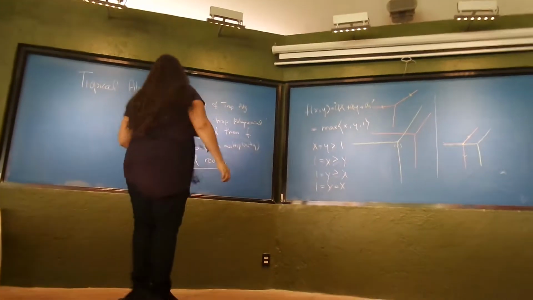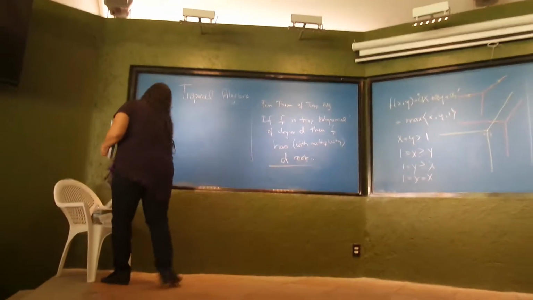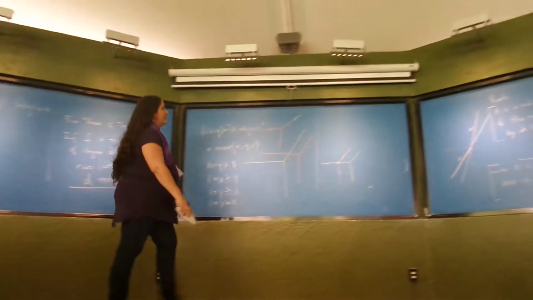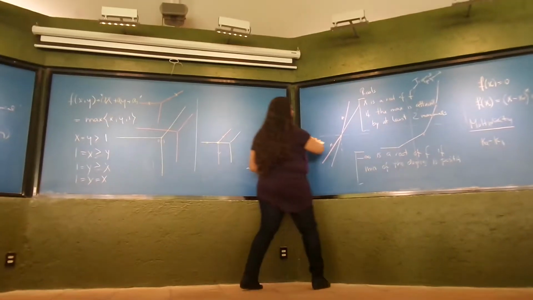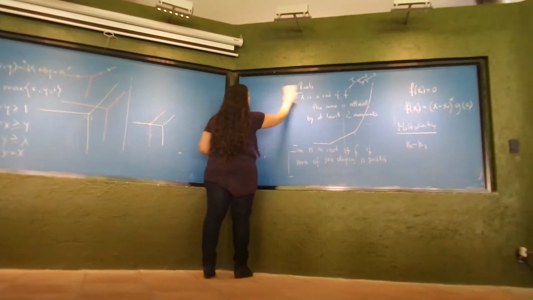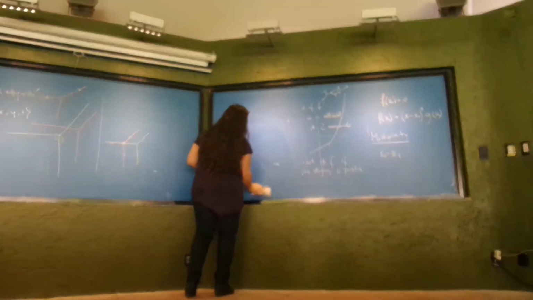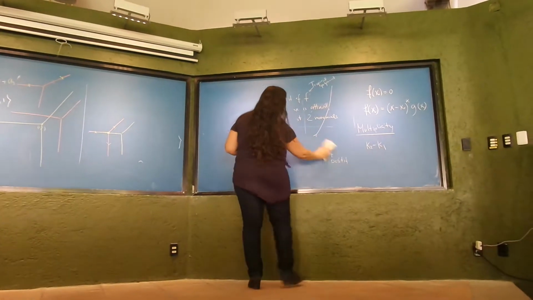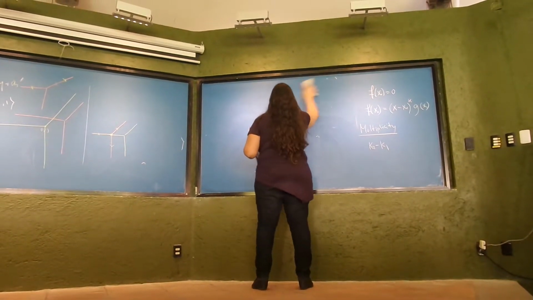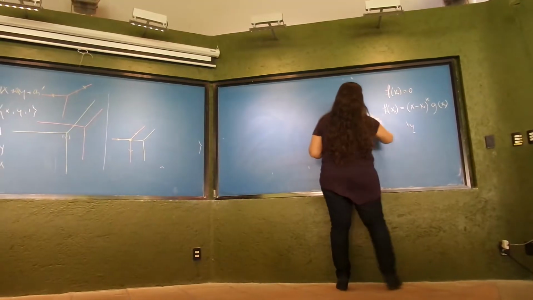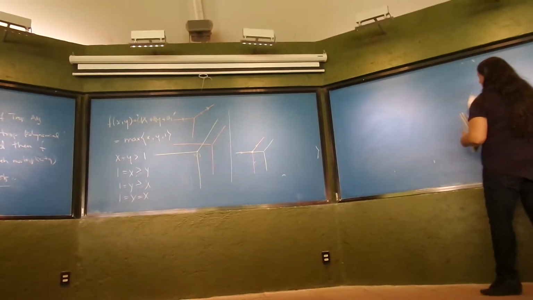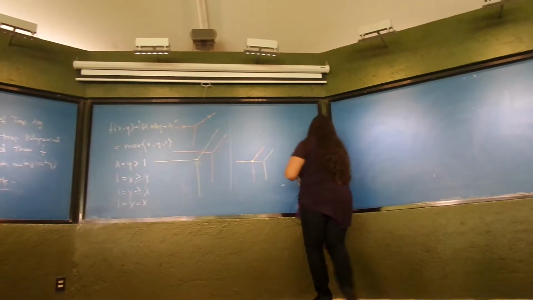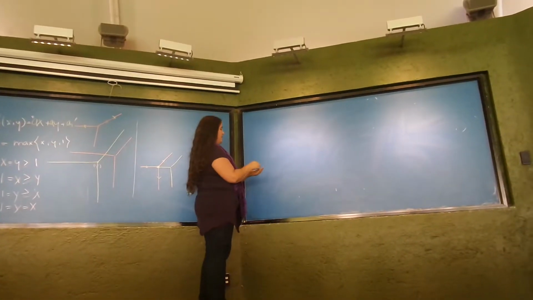Then I'm going to make some pictures of other tropical objects, tropical curves. For the moment, we're working on plane tropical curves. And all of them are graphs, embedded graphs.